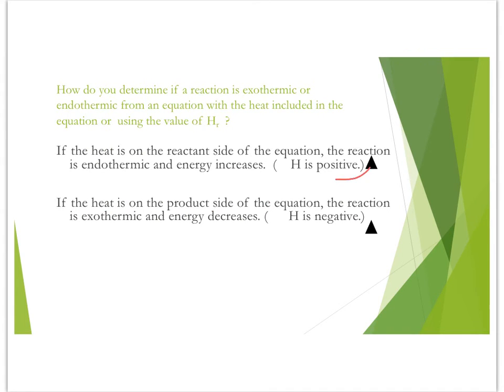Okay, first of all, these triangles shifted. They should be here. Okay, how do you determine if a reaction is exothermic or endothermic from an equation with the heat included, or using the value of delta H? If you are given an equation like this, or it might say heat, or it might say plus 10 kilojoules.